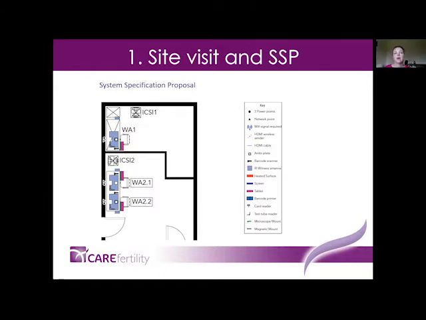This is a really important part of the process. If you spend a lot of time at this point working out what happens where and getting the right equipment in each of your work areas, it really makes things a lot smoother for the installation and the use of it afterwards.